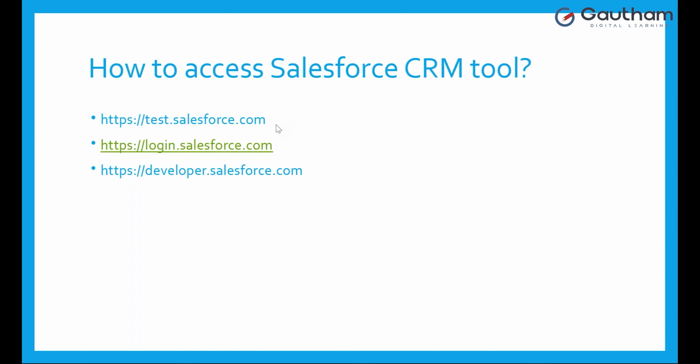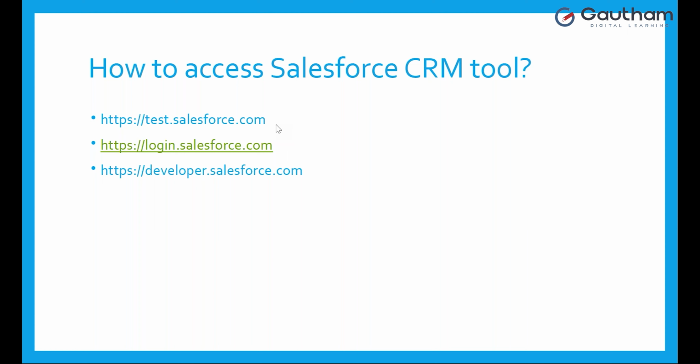Okay. Let me explain the third URL, developer.salesforce.com. When does this come into the picture? If I'm the end user, I'm going to use login.salesforce.com. If I'm not the end user, but the developer who actually develops applications, then I use test.salesforce.com.